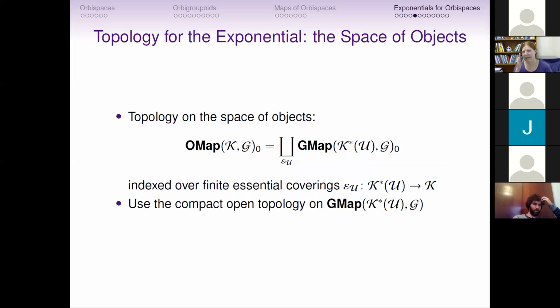And then we can just kind of follow our nose and do a topology on this exponential. So our topology on this space of objects is just going to be, so we've got all these spans, but really we've only got finite coverings now, and we'll just take disjoint union indexed over finite essential coverings, and we just use the compact open topology coming from on each of the pieces.